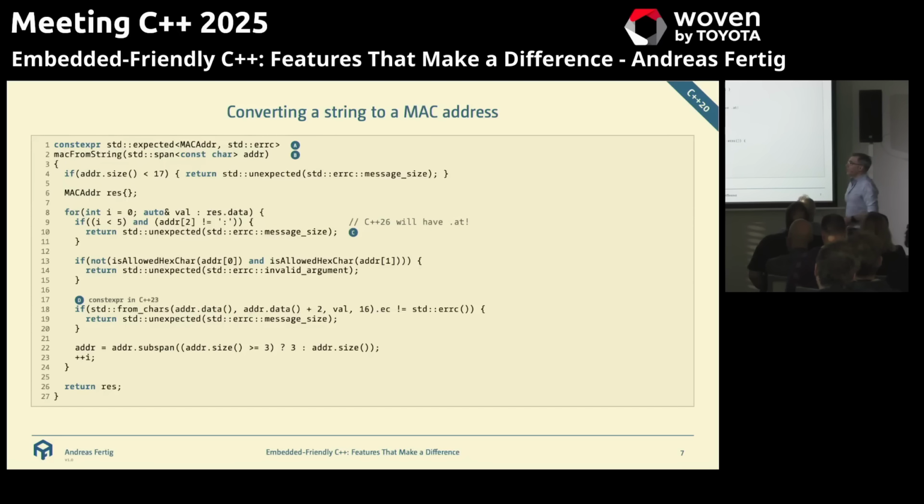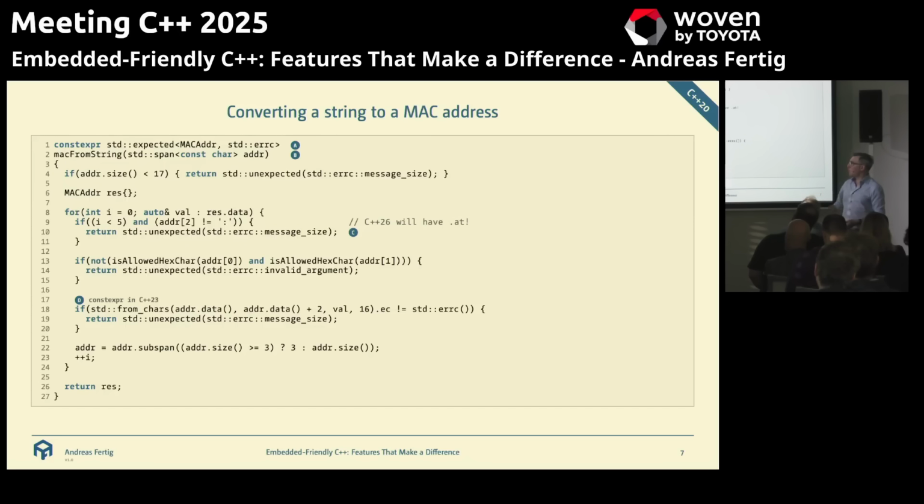So I use it here with a const char, but it could carry more than that. You can ask it about its size, you can use it in a range-based for loop, very much like a string view. So this is your more versatile version of a string view for all other data.